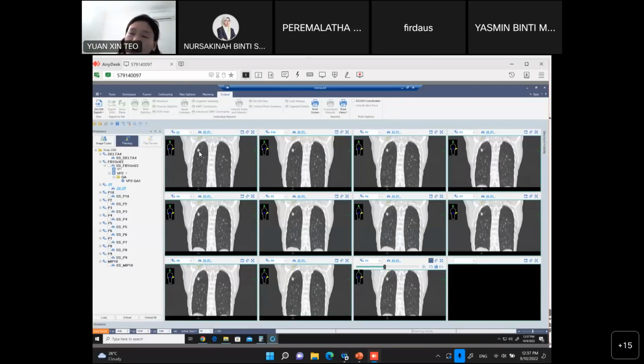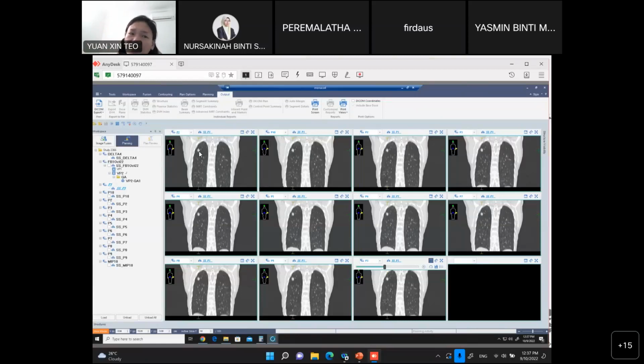This is a movable tumor. So how can you make sure that when we deliver the treatment, the PTV is at the correct location? Because when you try to breathe in and out now, you will see your chest rise. So how can we make sure we are treating the correct thing?